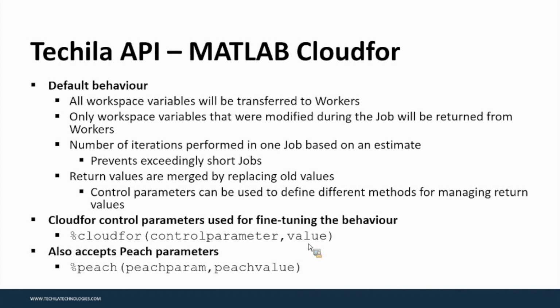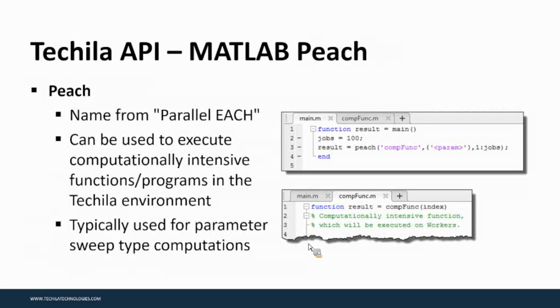So that was Cloud for, and then we also have a second helper function in our SDK, which is called peach. Peach is the fruit, but it's also an acronym from parallel each. And this can be used to execute computationally intensive functions with different parameters, so for essentially performing parameter sweep computations.